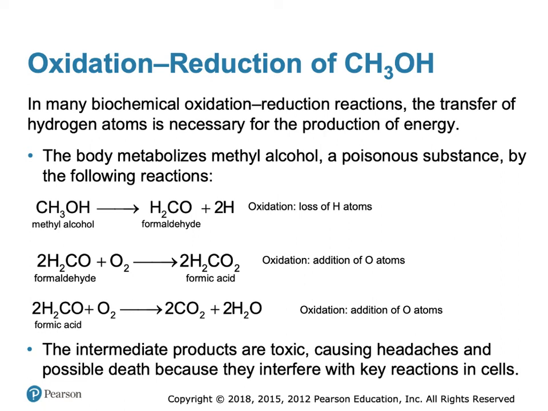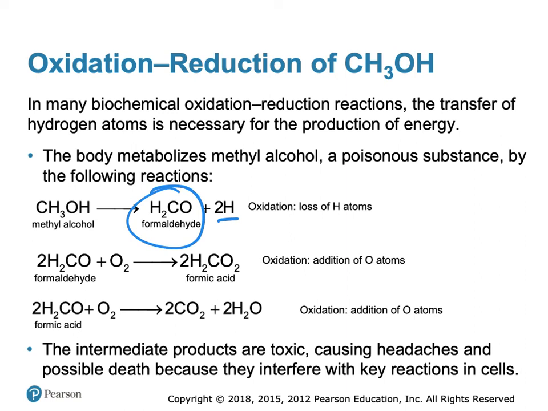And this is showing you how the body metabolizes methyl alcohol, a poisonous substance, by the following reactions. The methyl alcohol is oxidized to formaldehyde, and it loses electrons in the form of hydrogen atoms. Those electrons will be accepted by some type of electron carrier, such as FAD, and form FADH2.